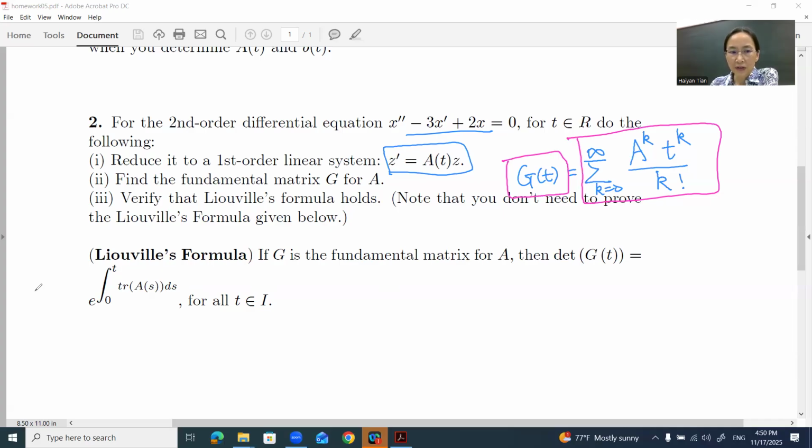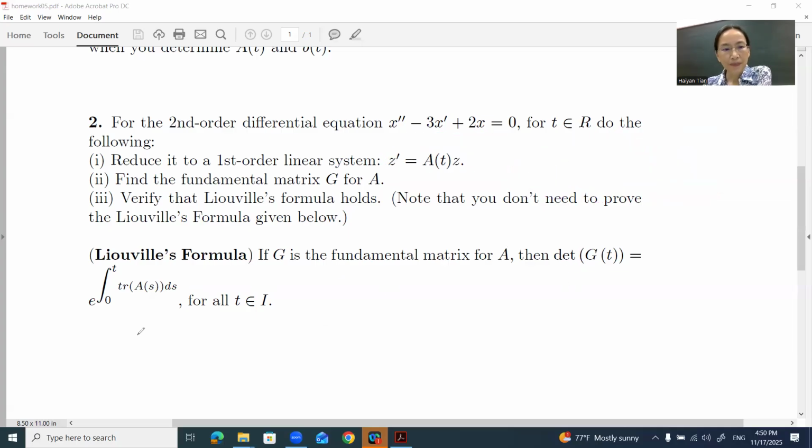Yeah, what is Liouville's formula? Liouville's formula says that if you have G, the fundamental matrix for A, then the determinant of the fundamental matrix can be written in this form. That is e to the integral. You see this part, that is a function of t, right? E to a certain function of t is definitely non-zero.